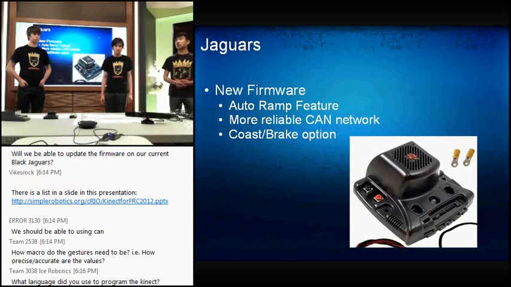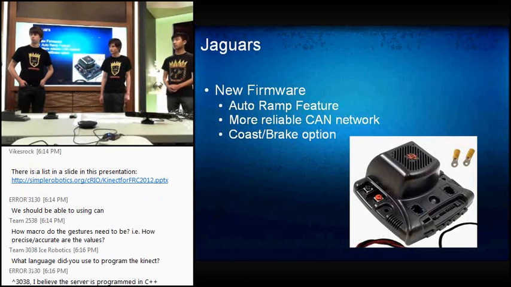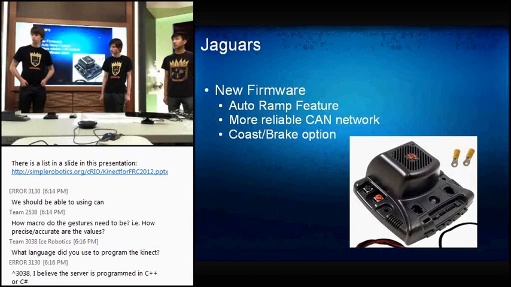Really, you're not limited by the software at that point. You're limited by how accurate the Kinect is, because it only has so many three-dimensional points to sense. So what you're limited by is whether the Kinect itself can distinguish this from this. I personally don't know the answer to that. I know the predefined gestures give you a range from 0 to 100, and I'm not sure what the resolution on that is.